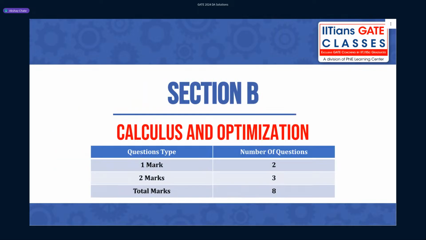There were a total of 5 questions from this section, and the total marks one could have scored by answering all of them is around 8 marks, which is quite significant compared to the total marks in the GATE exam.